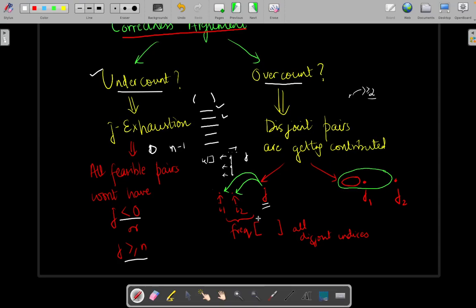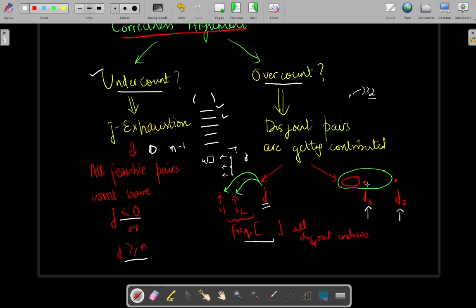The second argument is that for different values of j, the pairs that we will get will at least be disjoint at these two places, j1 and j2, right?